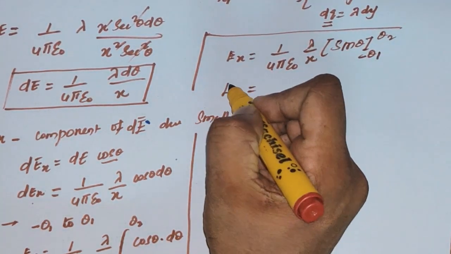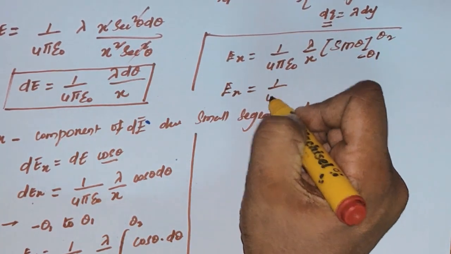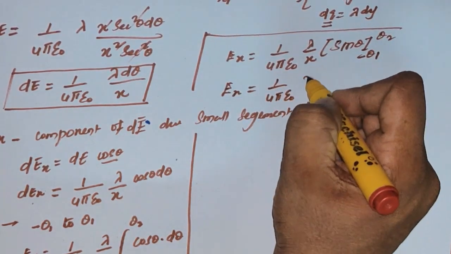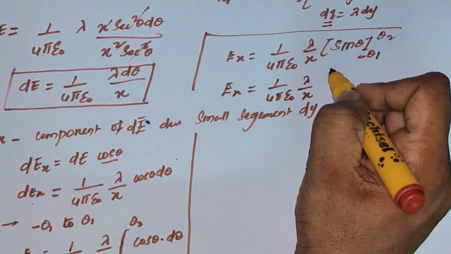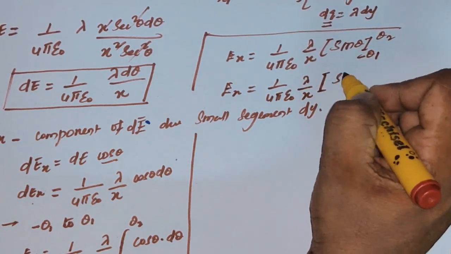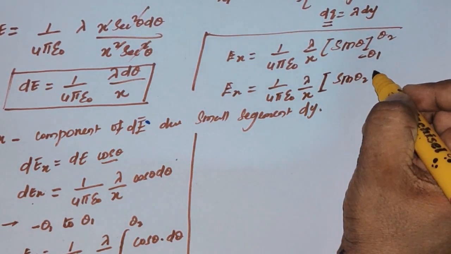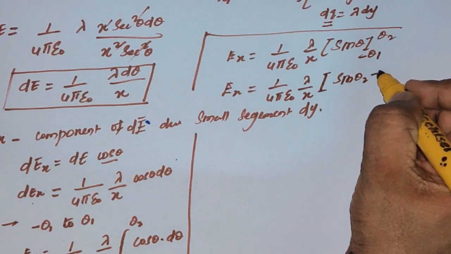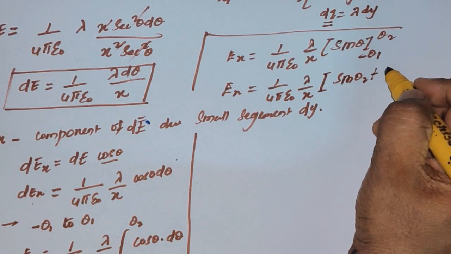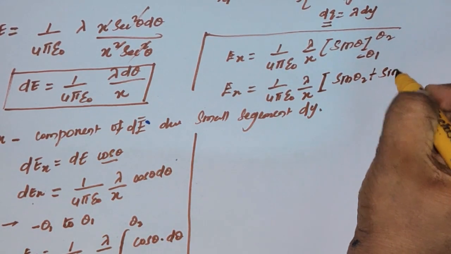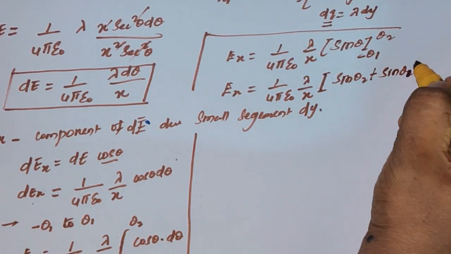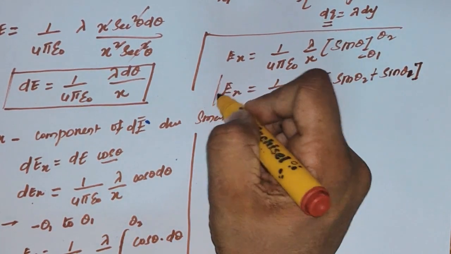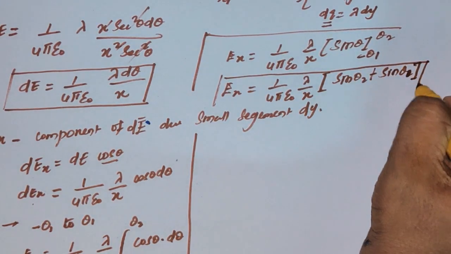So Ex equals 1 by 4 pi epsilon naught, lambda by x. Substituting the upper limit, it is sin theta 2 minus the lower limit, sin of minus theta 1. Sin of minus theta is minus sin theta, so minus into minus gives plus sin theta 1. This is the x component of the electric field.